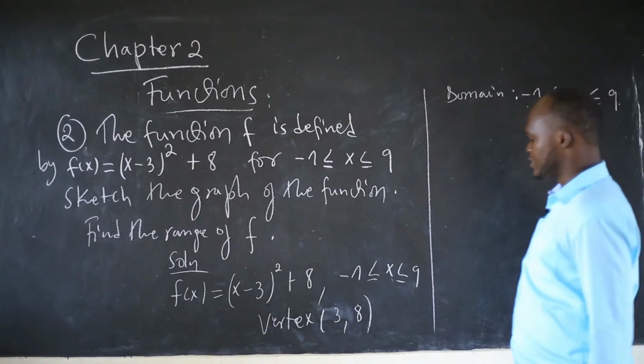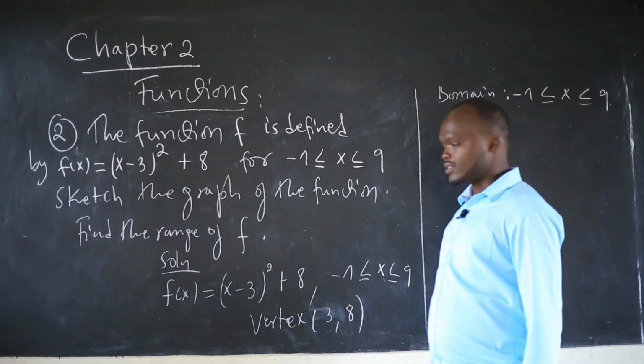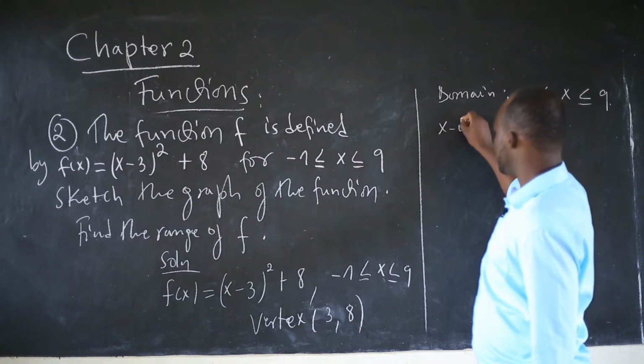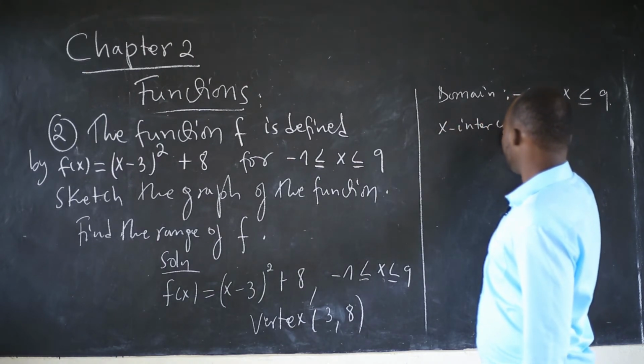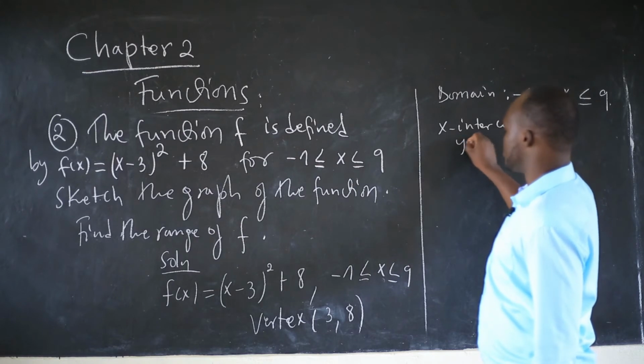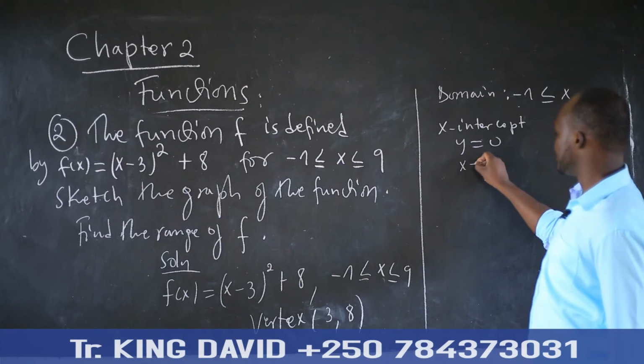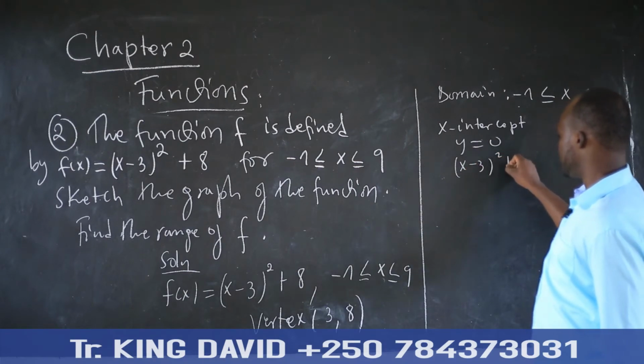If the vertex is (3, 8), we're going to sketch. We can find the x-intercept and y-intercept. For the x-intercept, y is equal to 0. When y equals 0, (x minus 3) squared plus 8 equals 0.